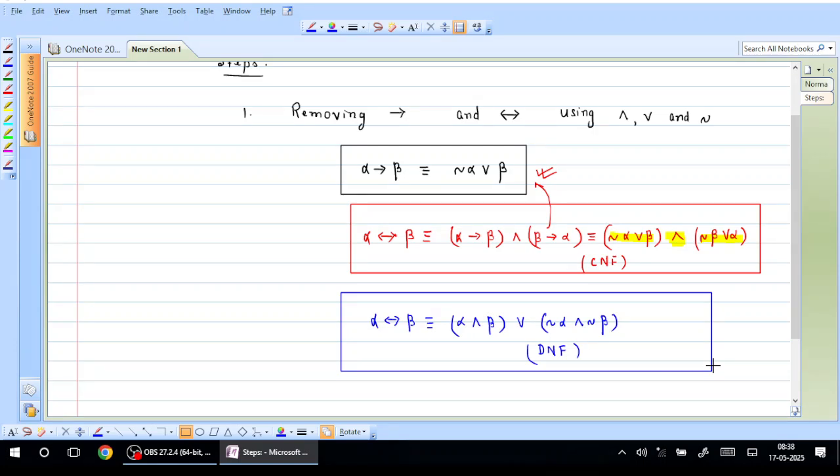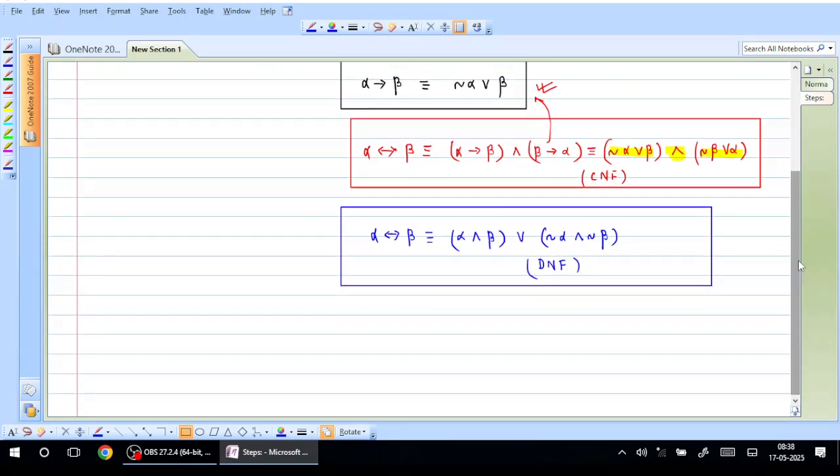And now the second step. We have to be very careful when we use the second step. The second step is removing negation using De Morgan's law.